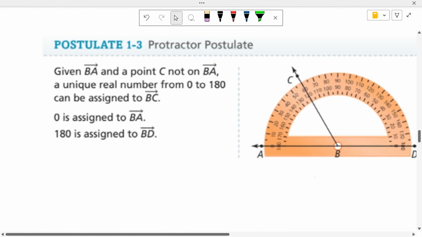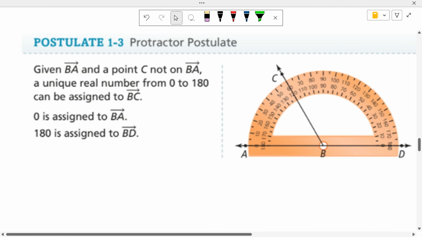Now the protractor postulate says, okay, we can assign values to angles. So angle ABC, this angle right here, we go from 0 up to 60. So angle ABC is a 60-degree angle. Is angle DBC also 60 degrees since it goes through 60?